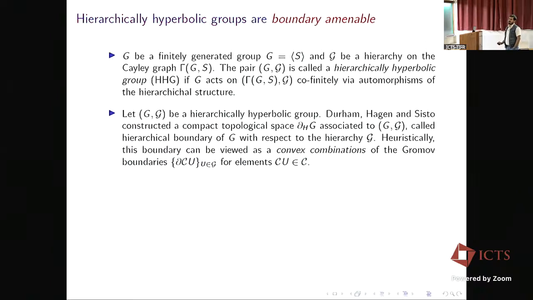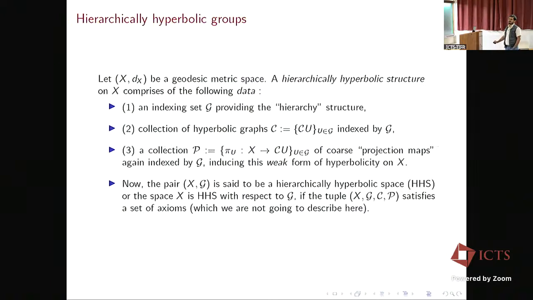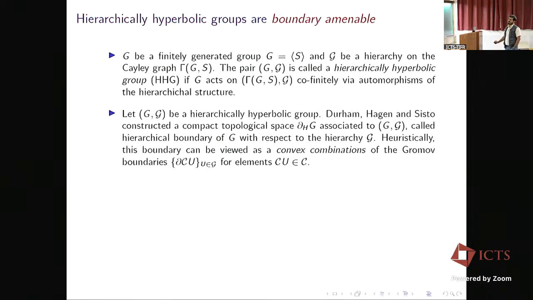So a hierarchically hyperbolic group is a finitely generated group with a hierarchy on its Cayley graph. This pair, a finitely generated group with this hierarchy on the Cayley graph, would be called a hierarchically hyperbolic group if it satisfies all these axioms that I haven't mentioned. So the group acts on this hierarchically hyperbolic space via structure-preserving automorphisms, which preserve this hierarchical structure.